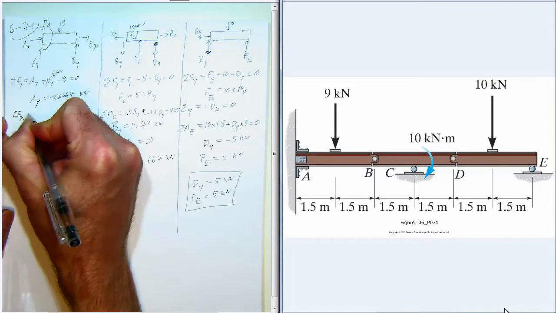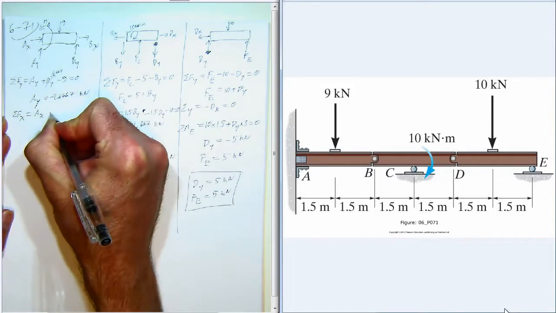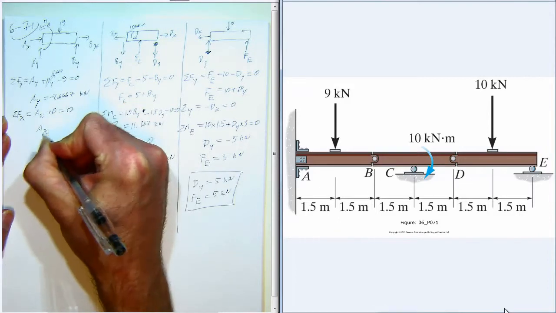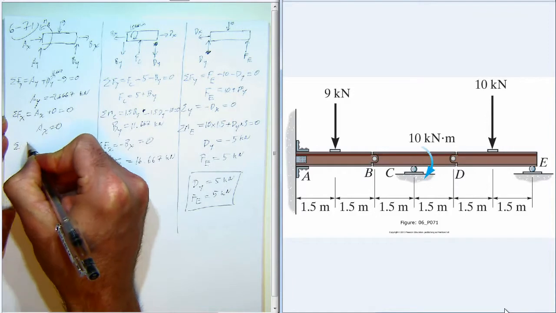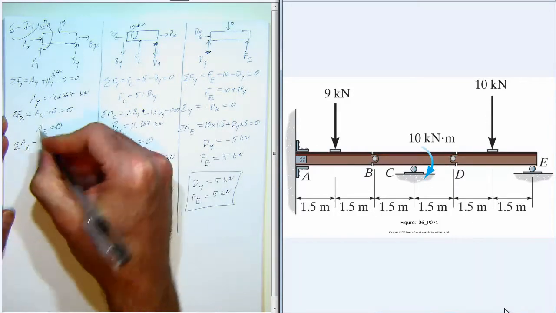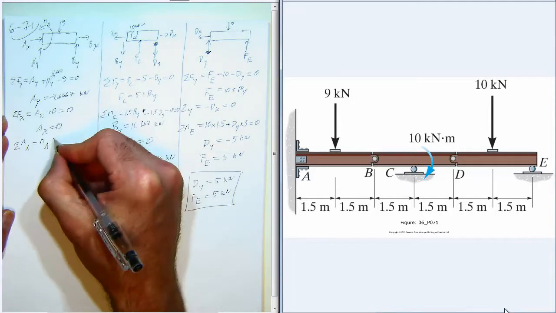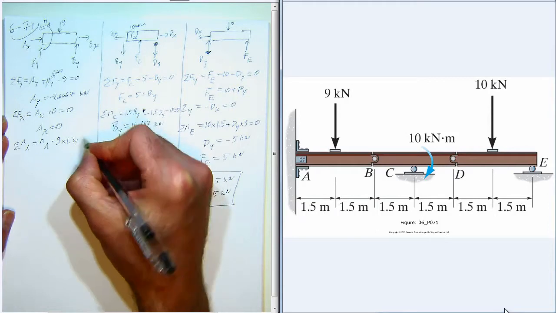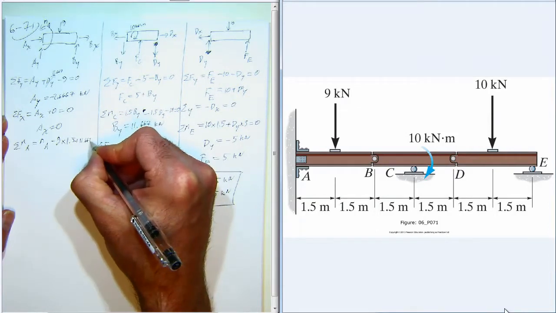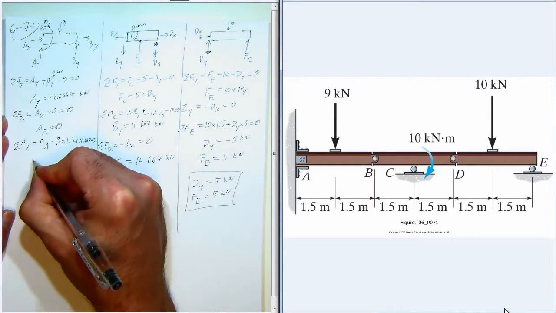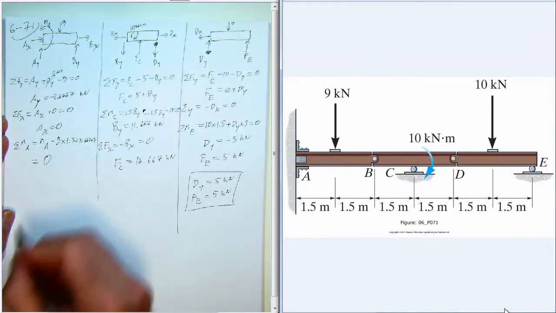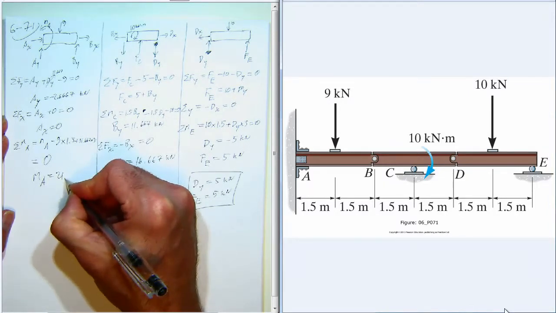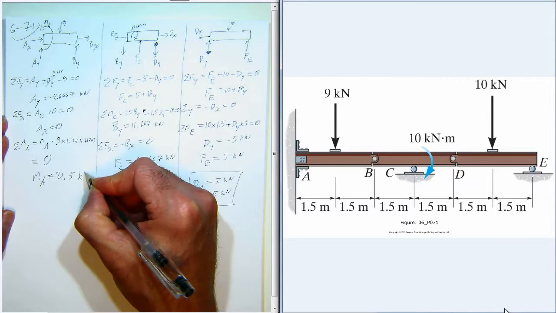And forces in the x equals Ax, Bx is 0, plus 0 is equal to 0, so Ax is 0. And the sum of the moments about point A, we have the reaction moment, we have the moment from the 9 kilonewton force, and we have the moment from By, and that all adds up to 0. So that gives us that reaction moment A is 21.5 kilonewton meters.